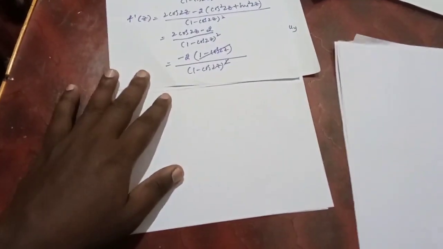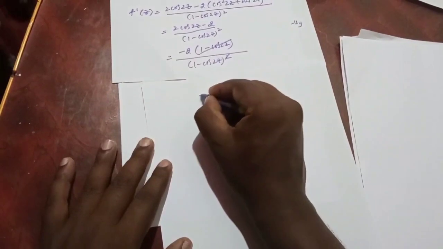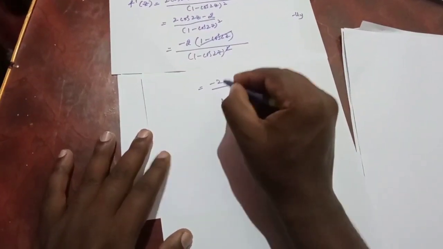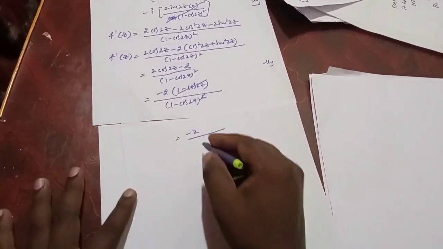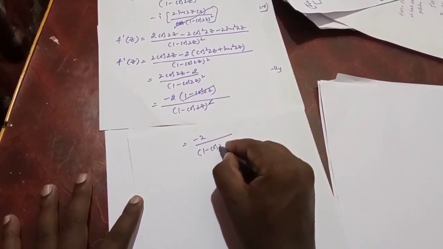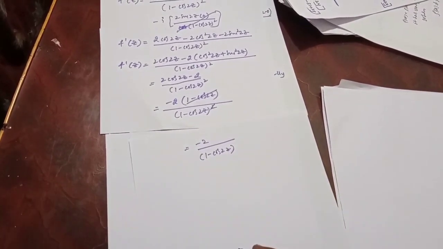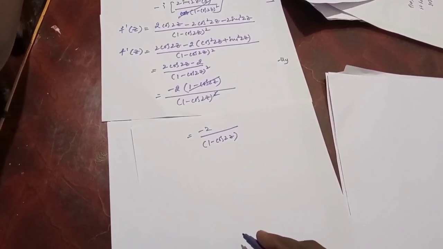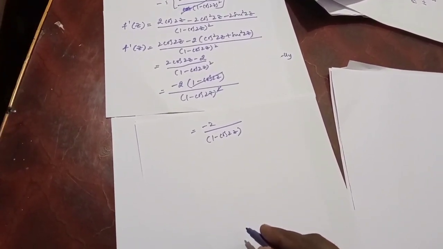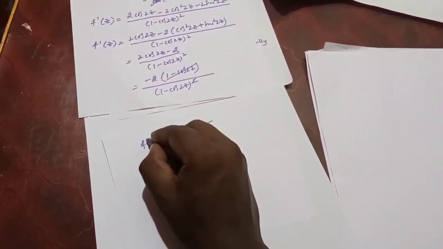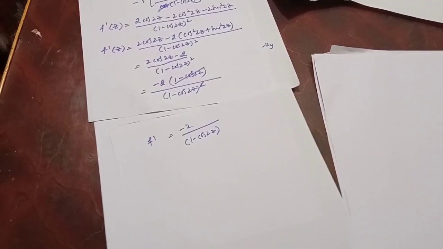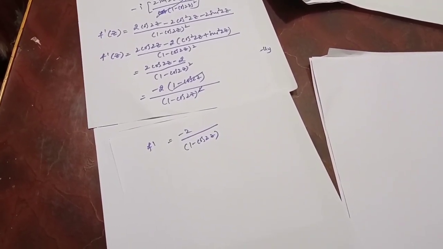We are left with minus 2 by 1 minus cos 2z. This is our f dash of z.